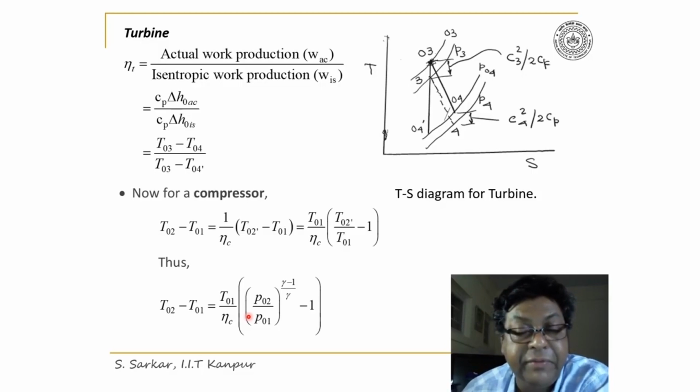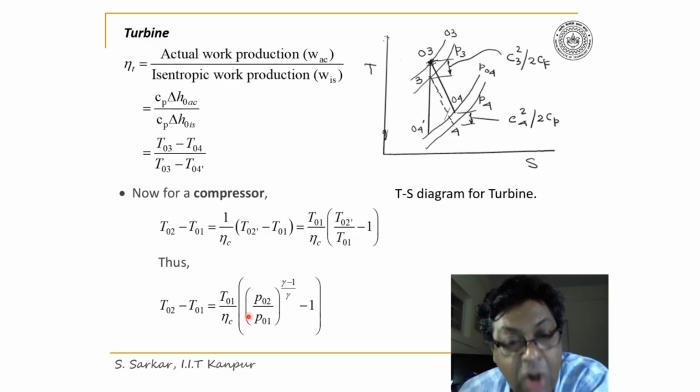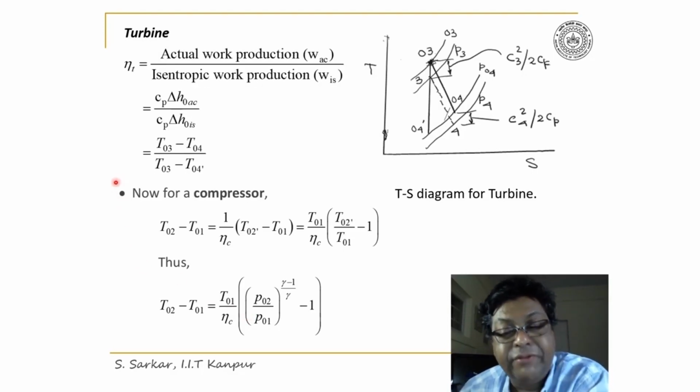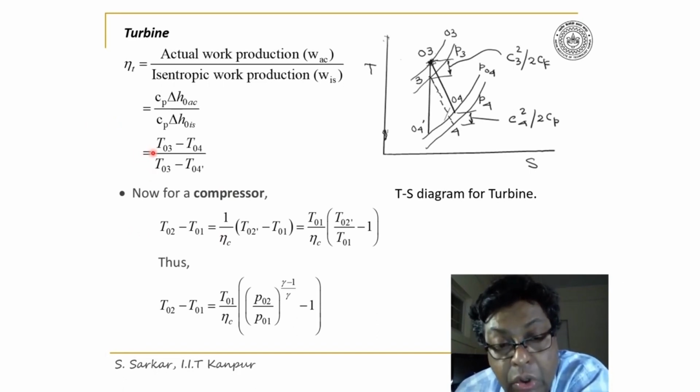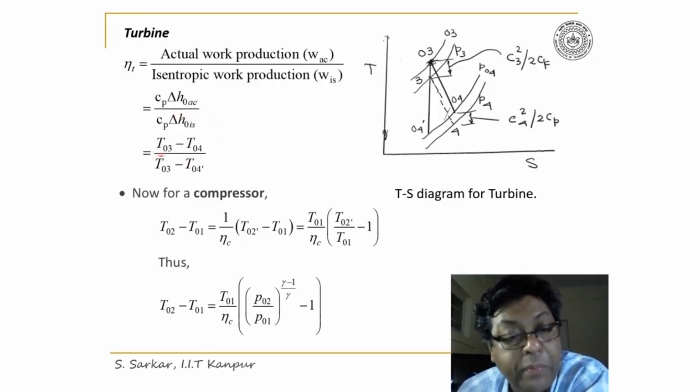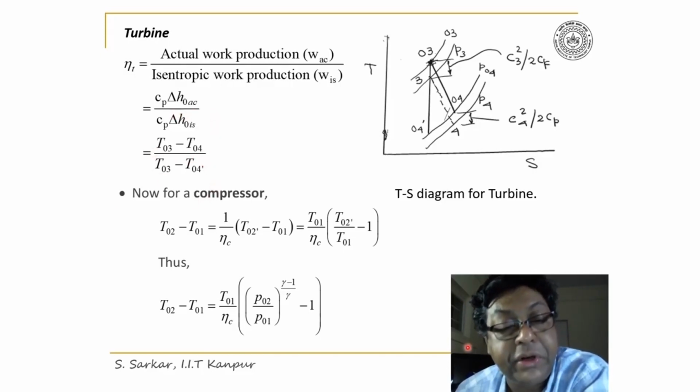Now if Cp is considered constant, not a function of temperature, then it can be simplified as T03 minus T04 divided by T03 minus T04 dash. So it will be actual temperature drop divided by isentropic temperature drop.